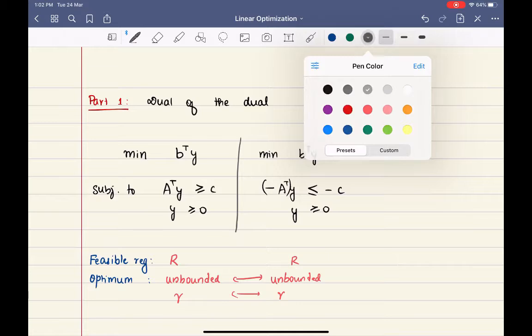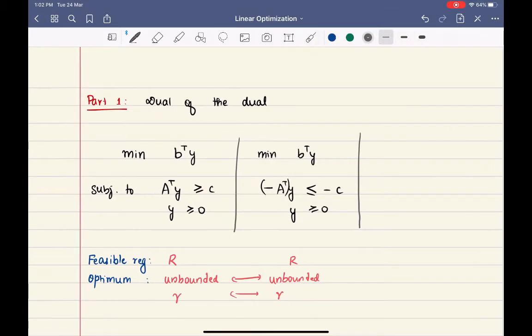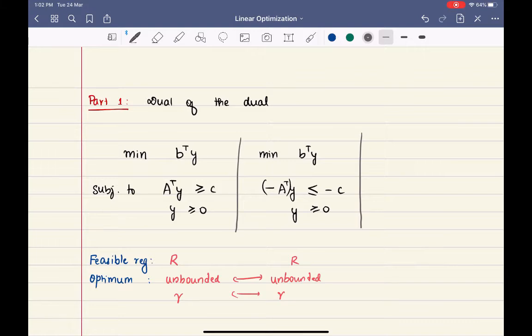Now suppose I change the objective to a maximization problem. So instead of writing min B transpose Y, we write it as max of minus B transpose Y subject to these constraints.